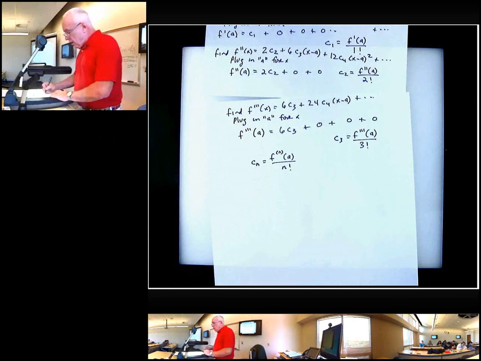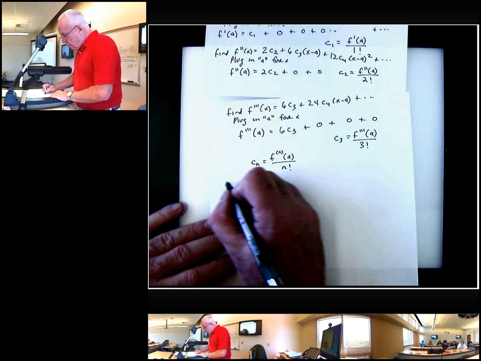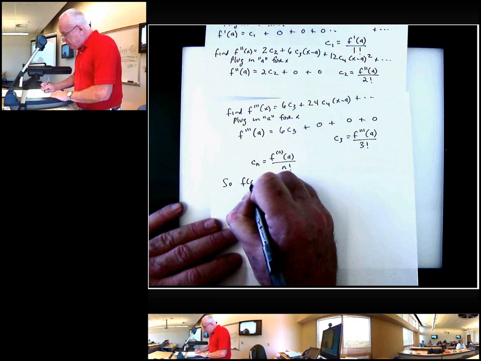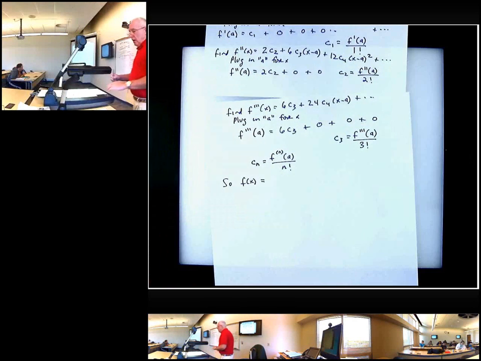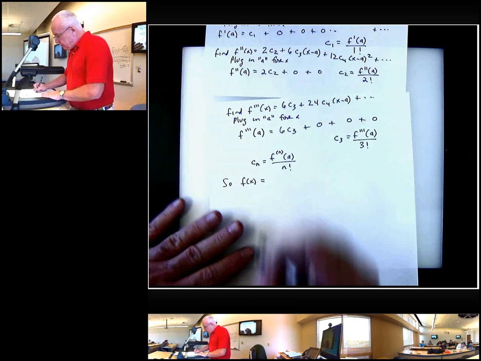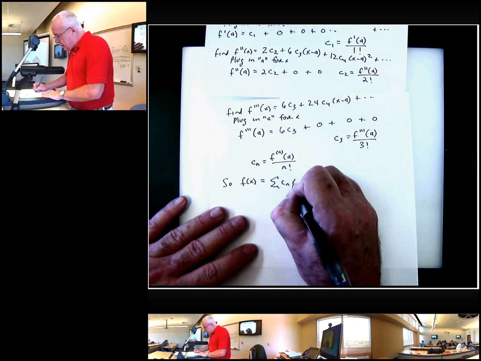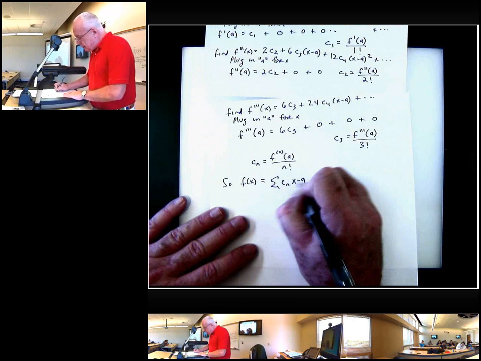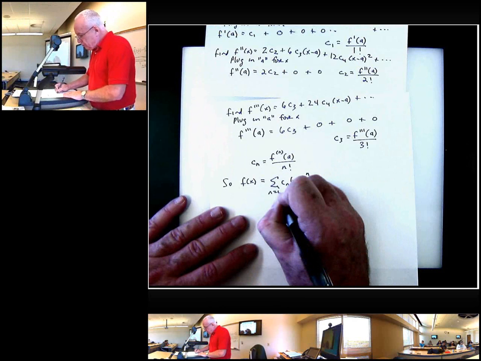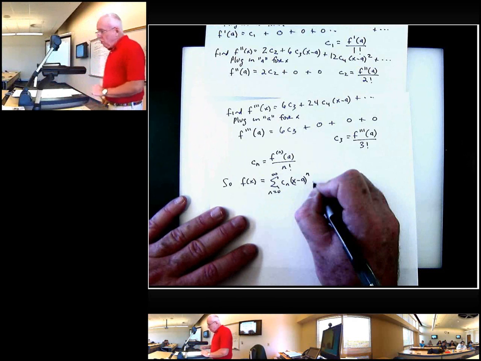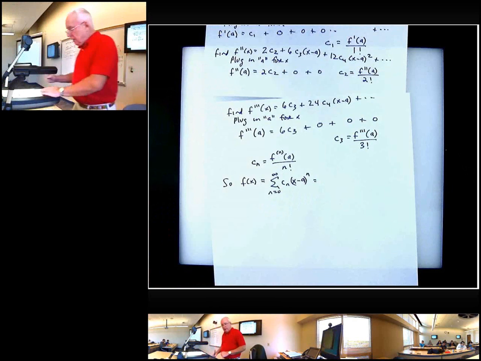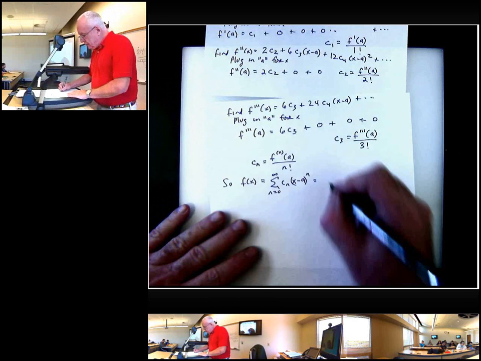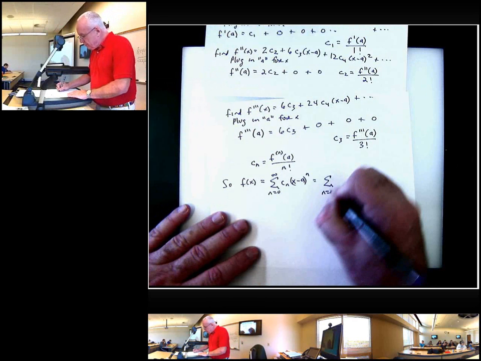So my function f of x can be written like this. Okay, we said it was a power series, c sub n times x minus a to the nth power from 0 to infinity, but we know what those cn's are now. This can be the summation as n equals 0 to infinity.